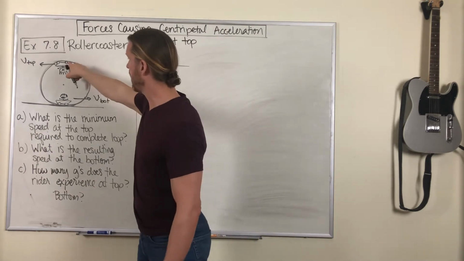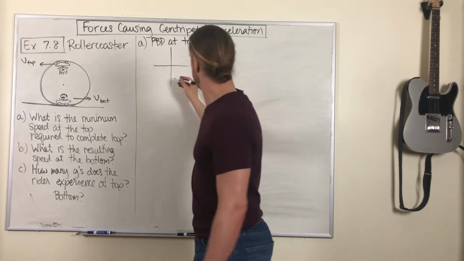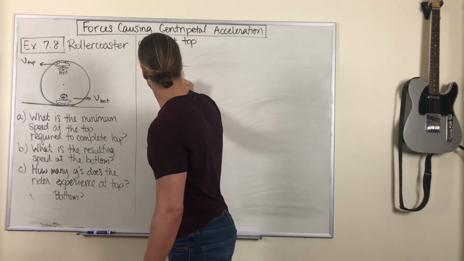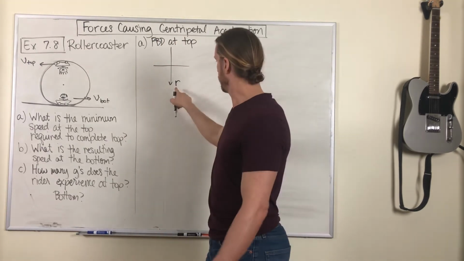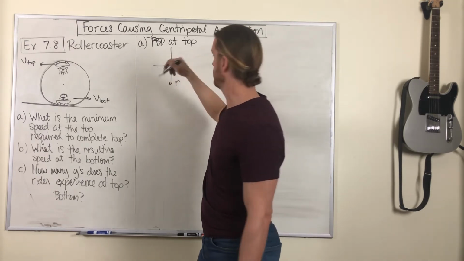All right, at the very top, the downward direction points toward the center of the circle. So my r direction, my radial direction, is straight down.